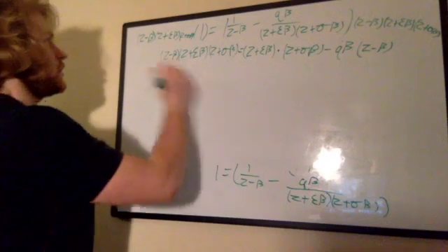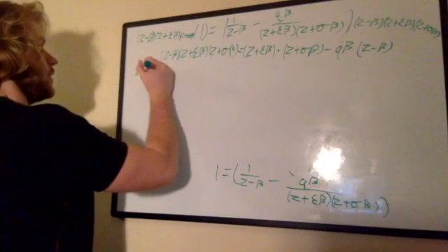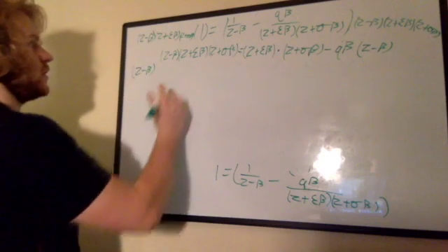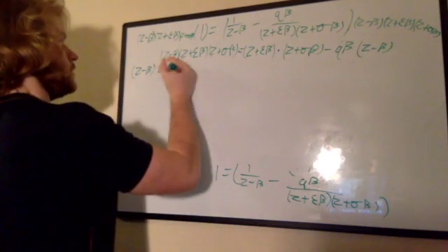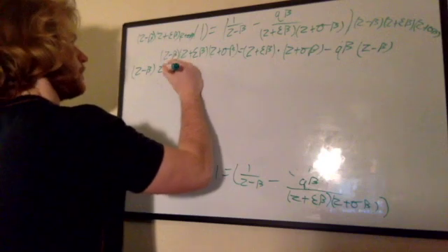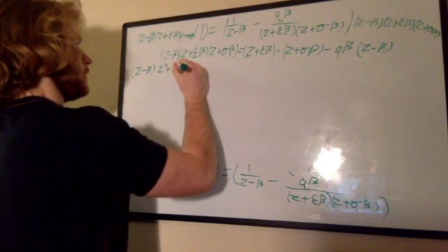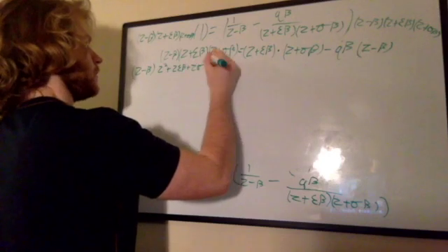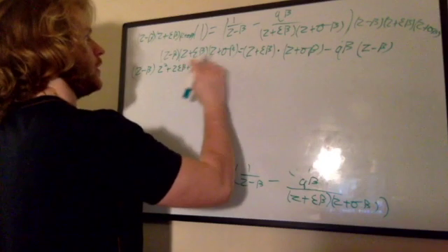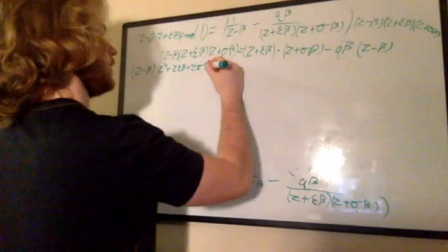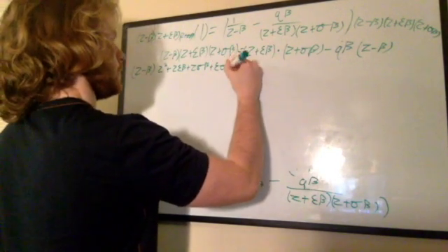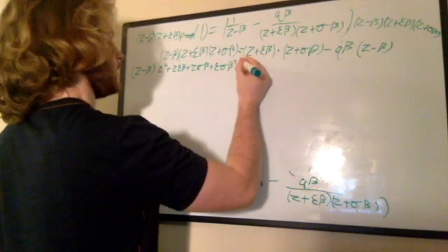Alright, so we're going to go ahead and start factoring all this out. So we're going to get a z minus beta. We're going to leave that for now and just focus on these two. We're going to get z squared plus z epsilon beta plus z sigma beta. And then we're going to get here an epsilon sigma beta squared right there.